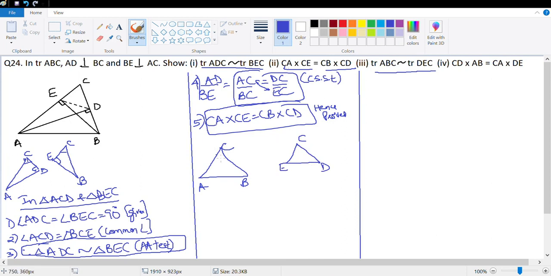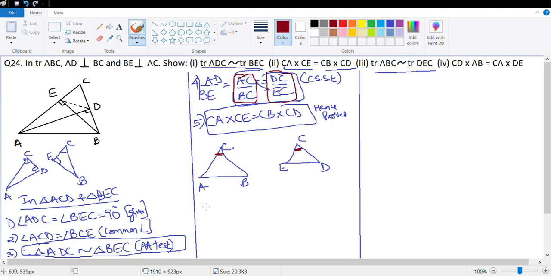I have angle C common, so that is simple, but I need one more thing. Any other angle common? No other angle is given equal. Can I try some ratio of sides? Is there a ratio of AC upon BC? Yes, I have a ratio of AC upon BC. Is there a ratio of CE and CD? Yes, I have a ratio of CE and CD. So AC is DC. Perfect.